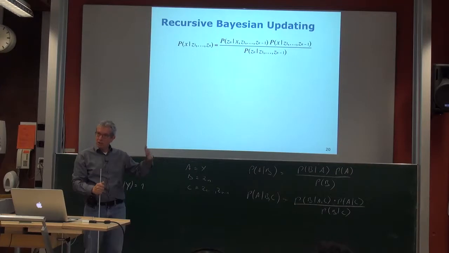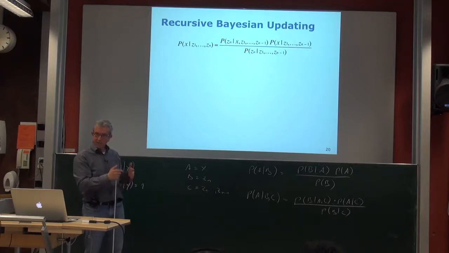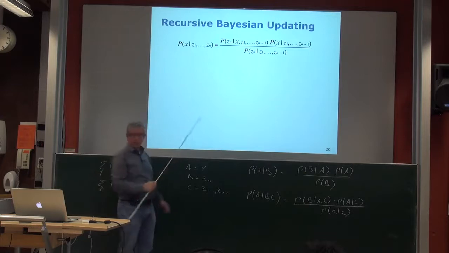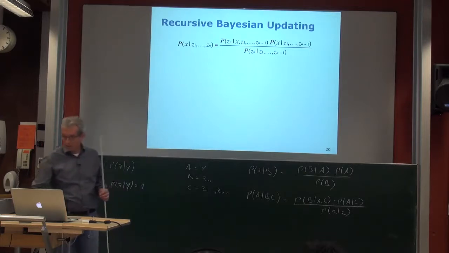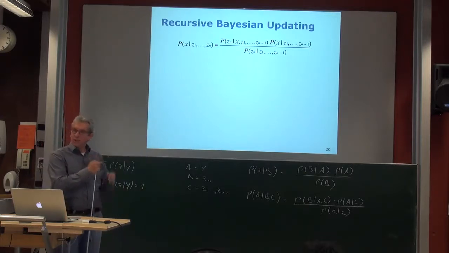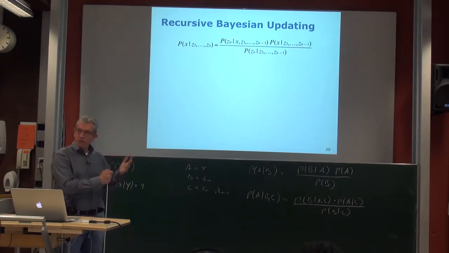The information about the state of the door contains all the information of the previous measurements. So this is one assumption that one typically makes. If you are not happy with this, or if you don't live in a world where this is true, then you cannot make this assumption.